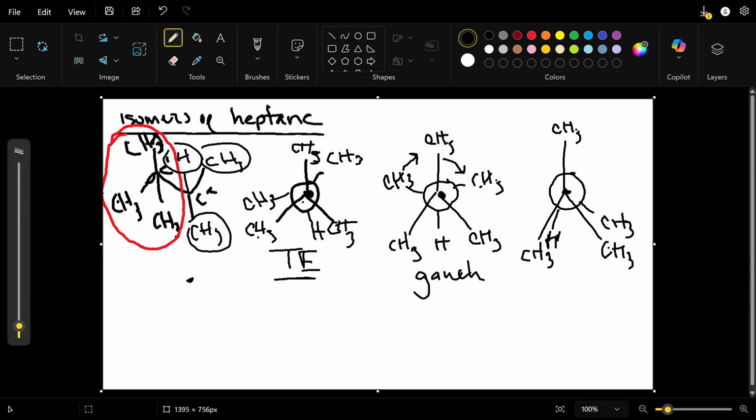And then, sorry, messed that up. Don't like it. Okay, I tried my best. But yeah, this one would be eclipse.